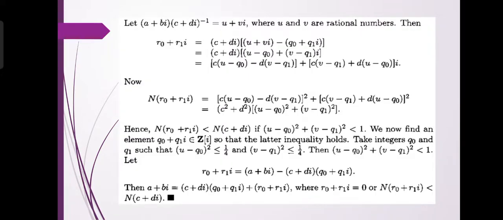Let the quantity of A plus BI times C plus DI inverse be equal to U plus VI, where U and V are rational numbers.